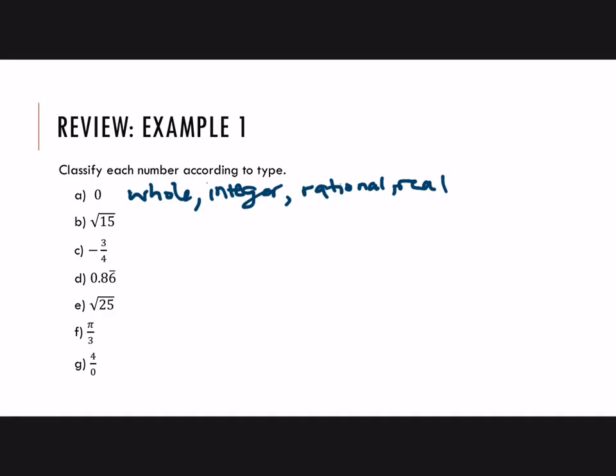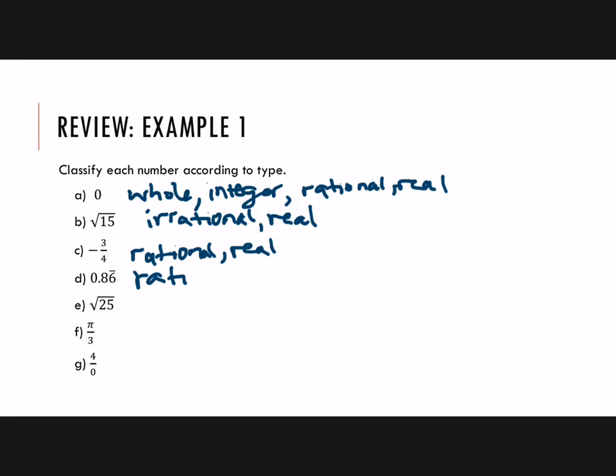Square root of 15, that's irrational. And that also makes it a real number. Negative 3/4, it's not whole, it's not natural, it's not an integer, but it is rational, and it is real. 0.86, where the 6 is repeating.